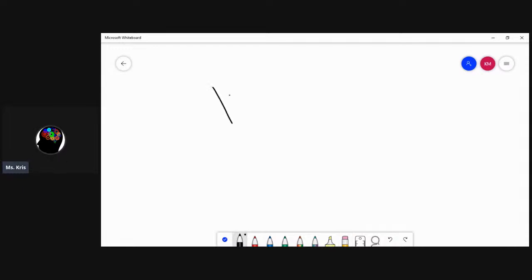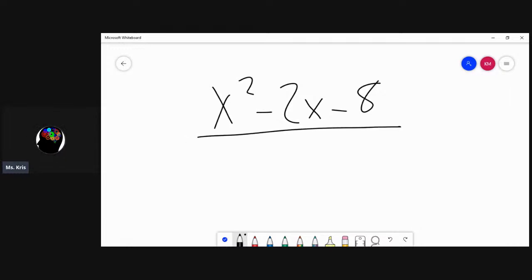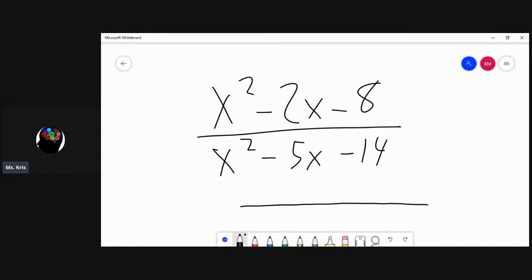Another example, we have x squared minus 2x minus 8 over x squared minus 5x minus 14. Break these down. You have x, and of course this is going to be plus and minus, because minus minus gives me a plus and minus.